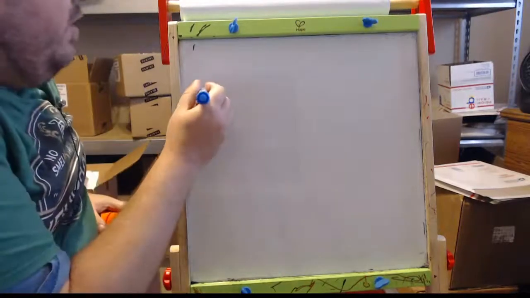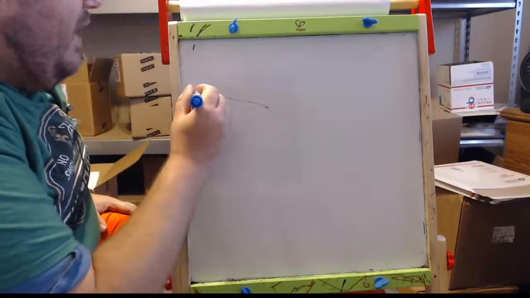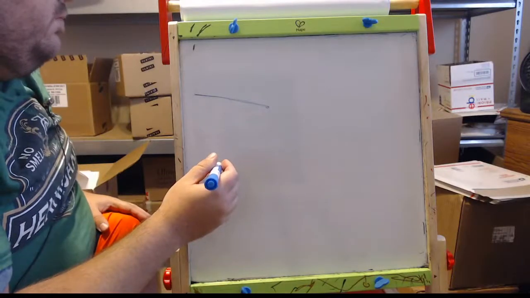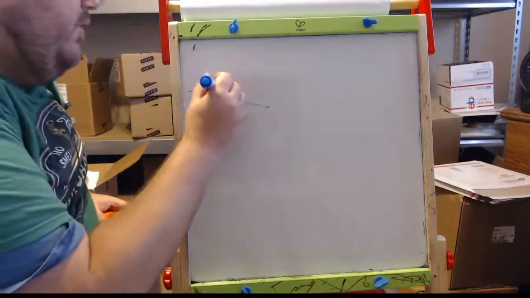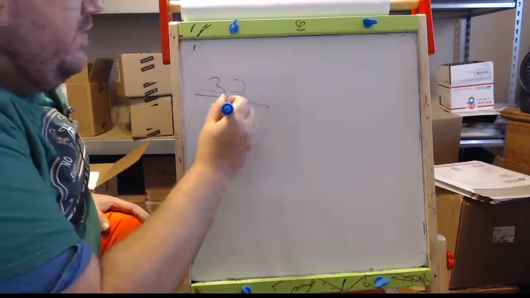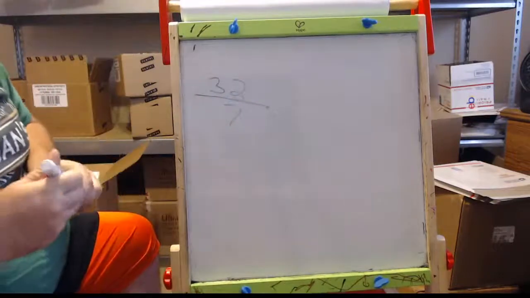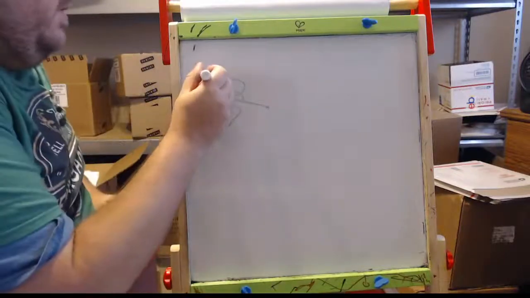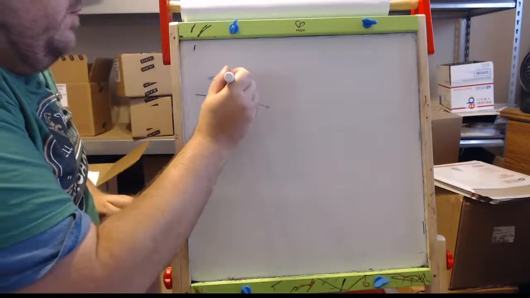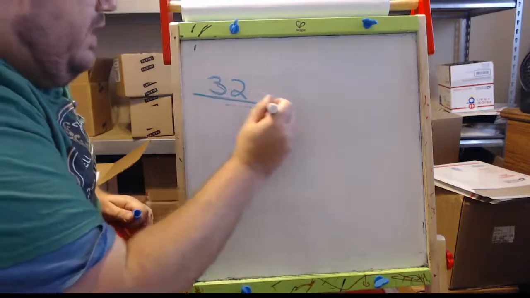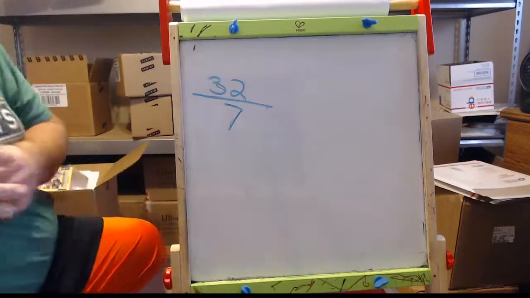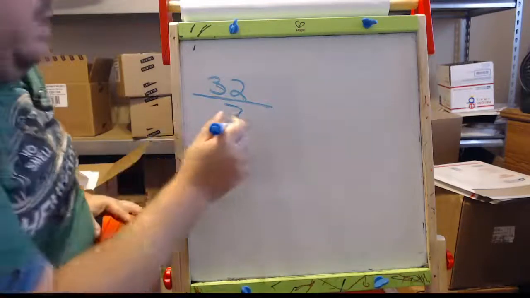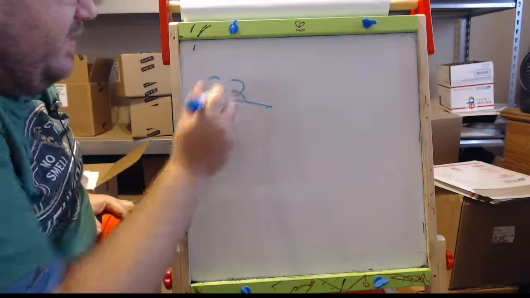All right, so if I have an improper fraction, like 32 sevenths, you basically divide the 7 into the 32.